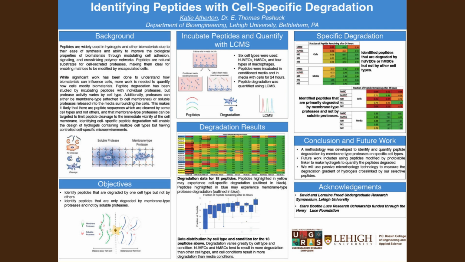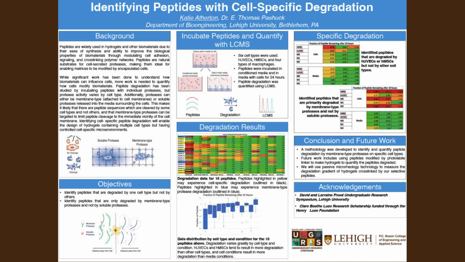So we divided the amount of peptide present at the 24-hour time point by the amount of peptide present at the 0-hour time point. So peptides with a degradation number closer to 1 indicates that there was less degradation going on, and peptides with a number closer to 0 indicates that there was significant degradation that occurred.